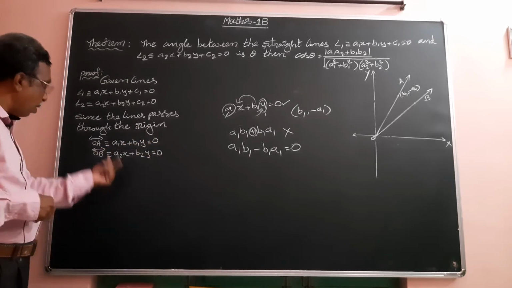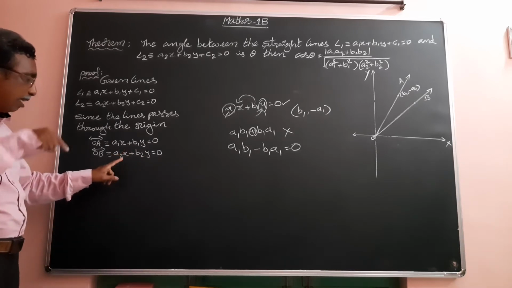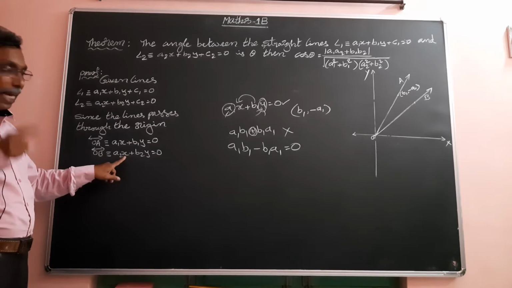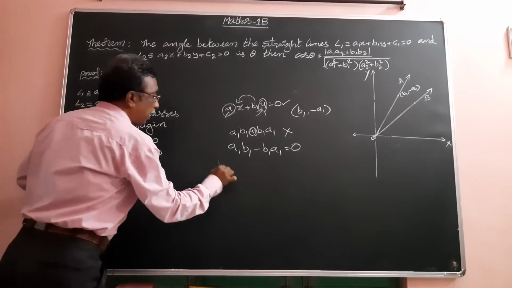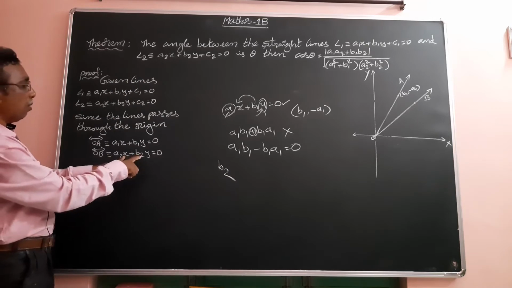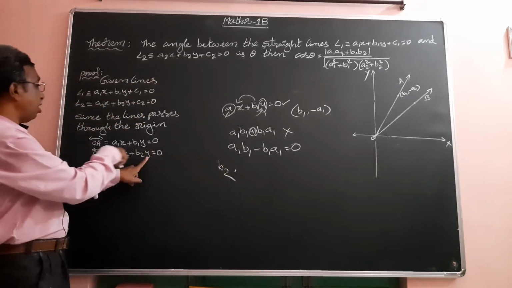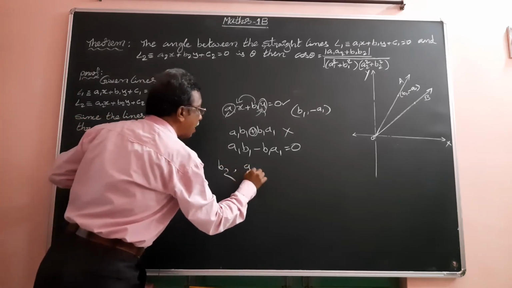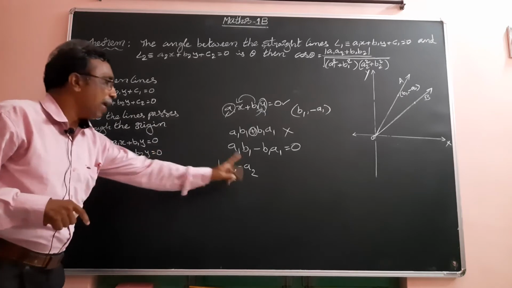Okay, automatically the second one also. Which point do we take? We consider A2 x. The x value is B2. Now we take this coefficient, next for y this coefficient A2. Second one is minus, B2 minus A2.